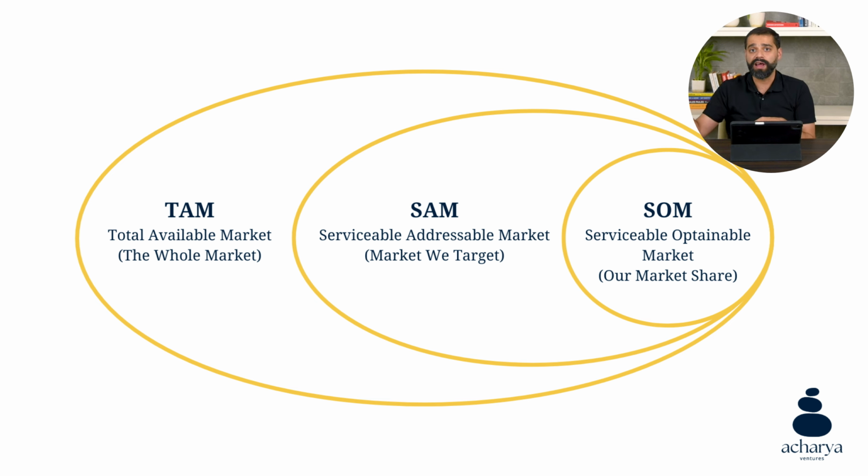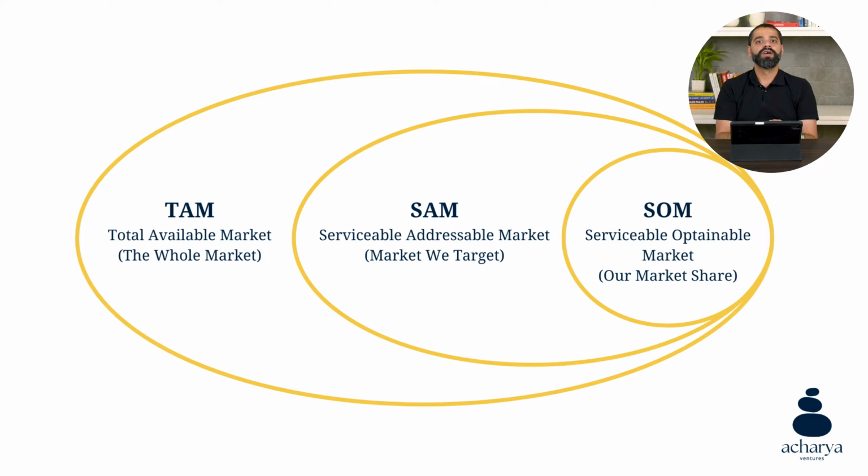Maybe it could be Delhi, maybe New York, maybe India, maybe China, whatever. But you have a market that you are particularly targeting. The smaller or nicher it is to start with, the better it is for your MVP. But from an investment perspective, you want these numbers to be a little on the higher end.